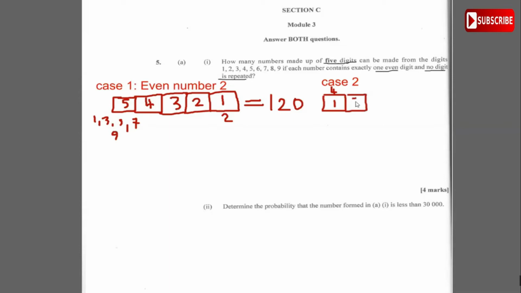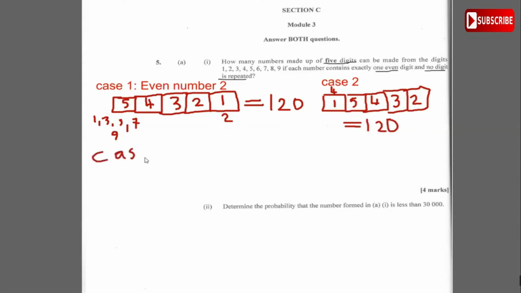So there are 5 ways you can choose the next number. Then there are 4 ways for the third number. Then there's 3 ways. Then there's 2 ways to choose the last number. This is still 5 factorial again. That works out to be 120. So pretty much what that is telling me is that in all the 4 cases, I'm going to get 120.